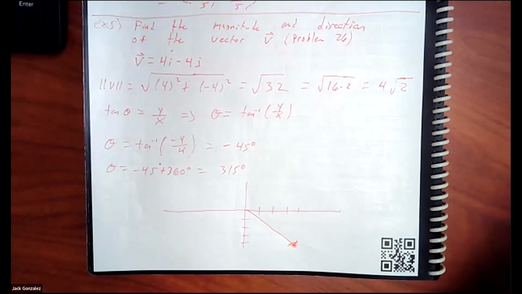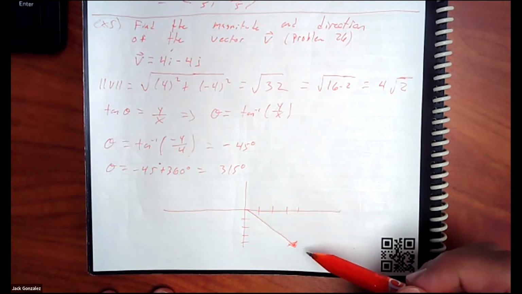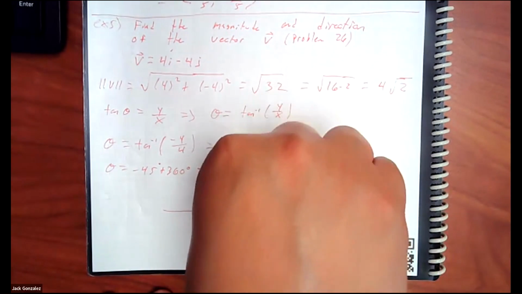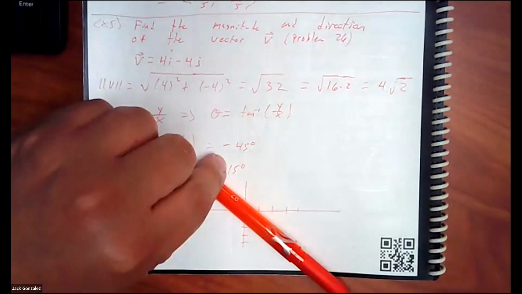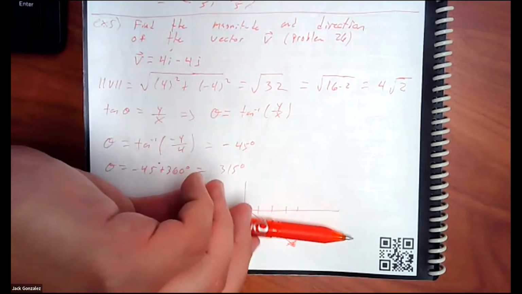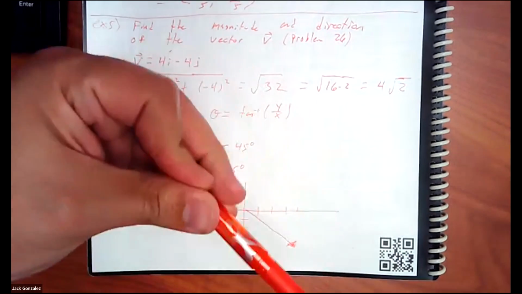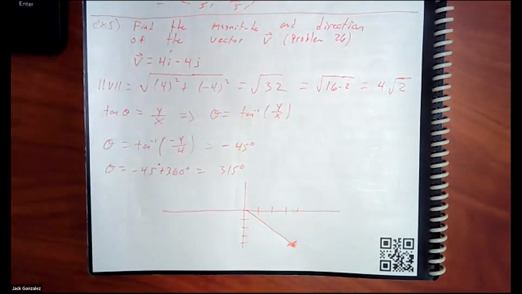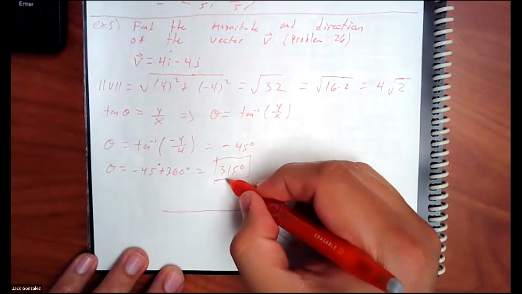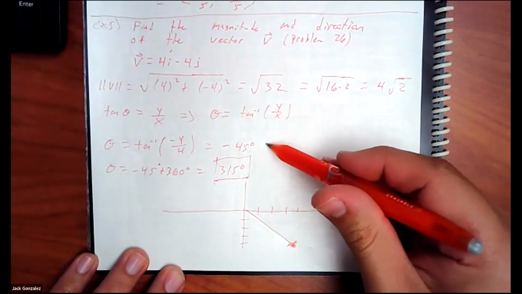So there is 4, -4. See how it's right in the middle? So it should be at the -45. So -45 is down here. 315 is basically going from here all the way around to that spot. So same thing. These are the direction angles, positive and negative.